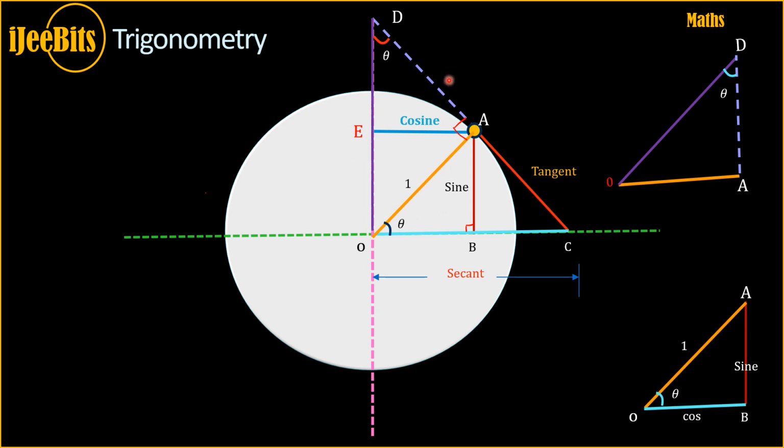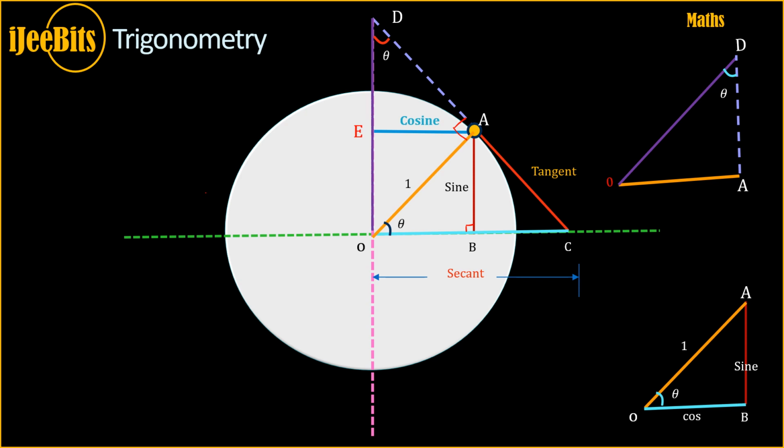In this triangle, we know OA is 1, but we are trying to find AD and OD, which is similar to this triangle. I hope you are clear. So I will take this triangle out to the side so that I can compare the two triangles for the similar angle-side property, and then compute the unknown value from there.